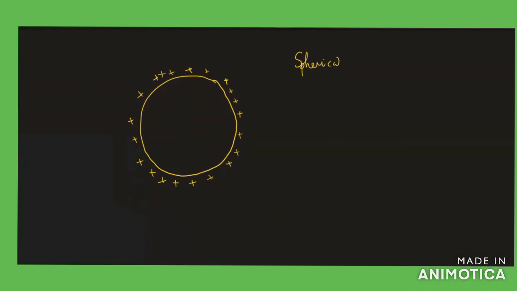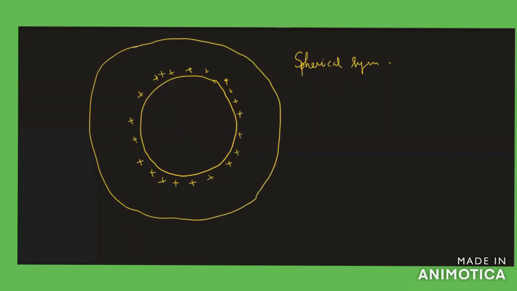So we can select a spherical Gaussian surface outside the spherical charge distribution. If we need to find out the electric field at a point outside this spherical charge distribution, we can select a spherical Gaussian surface to find out the electric field. And here again, selecting a spherical Gaussian surface makes the mathematics simple.